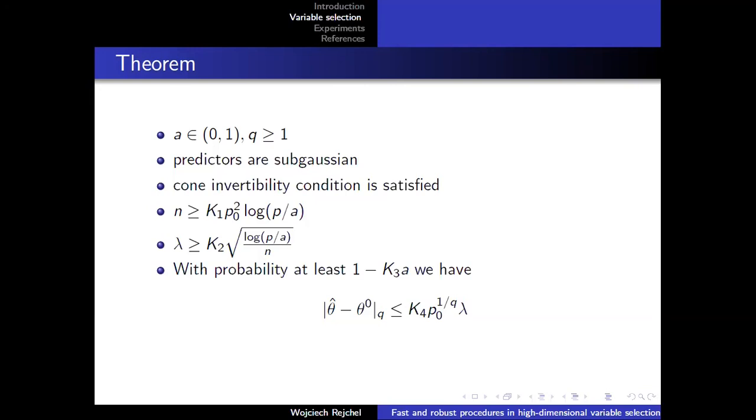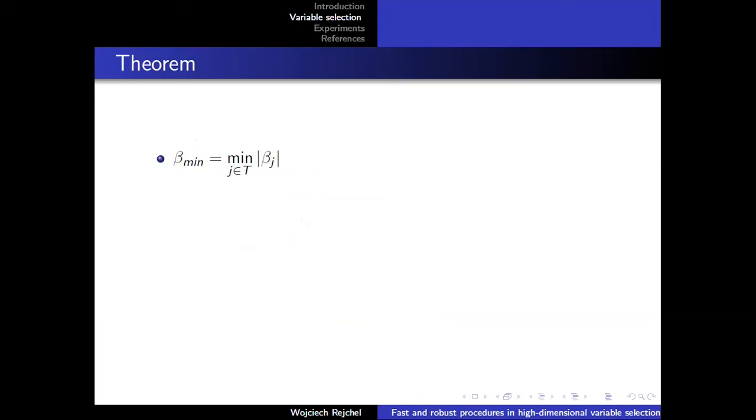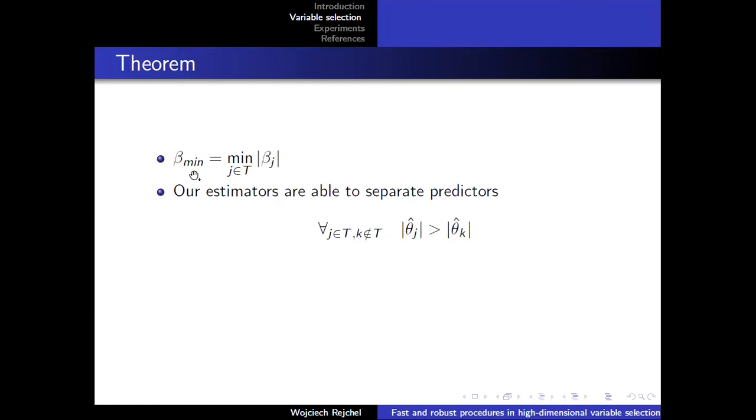Okay, so if you have something like that, then separability is very close. I mean, if you assume that your smallest non-zero coordinate of beta is denoted by beta min, then our estimators can separate predictors if beta min is larger than such a thing.